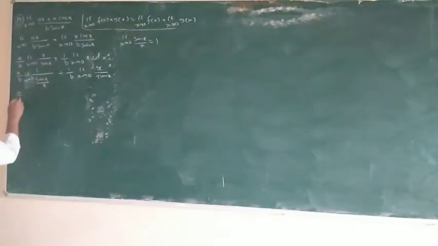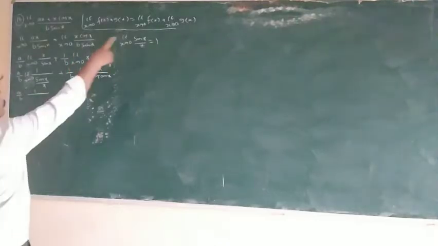So a by b into 1 by limit; the limit of a constant is equal to the constant. So this is the property.